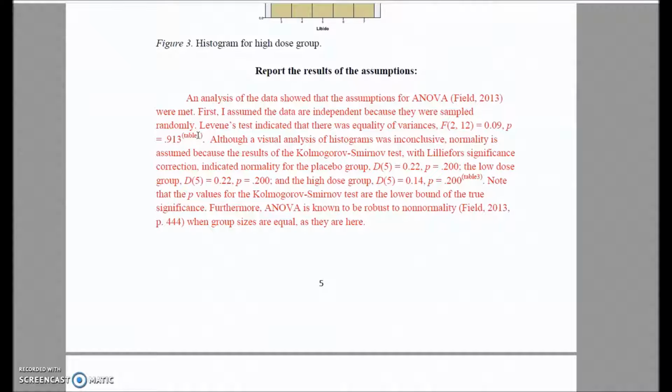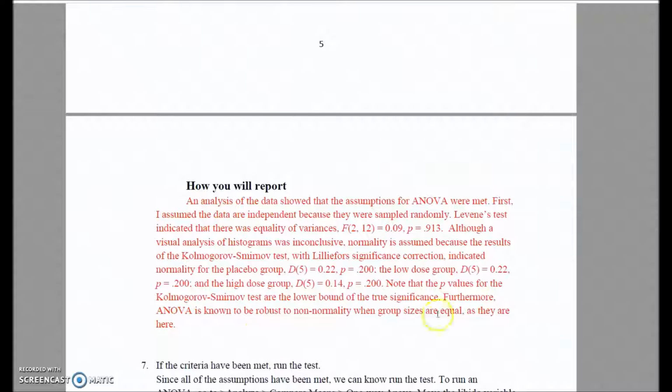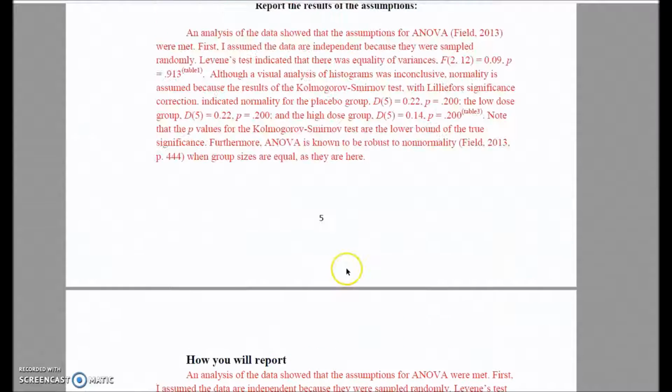But when you report it, you are going to report without these superscripts and without any references. This is the reason that I have it again typed here without any superscripts, without any references, so that you can copy paste this. So you will have a Word document that you can copy paste.